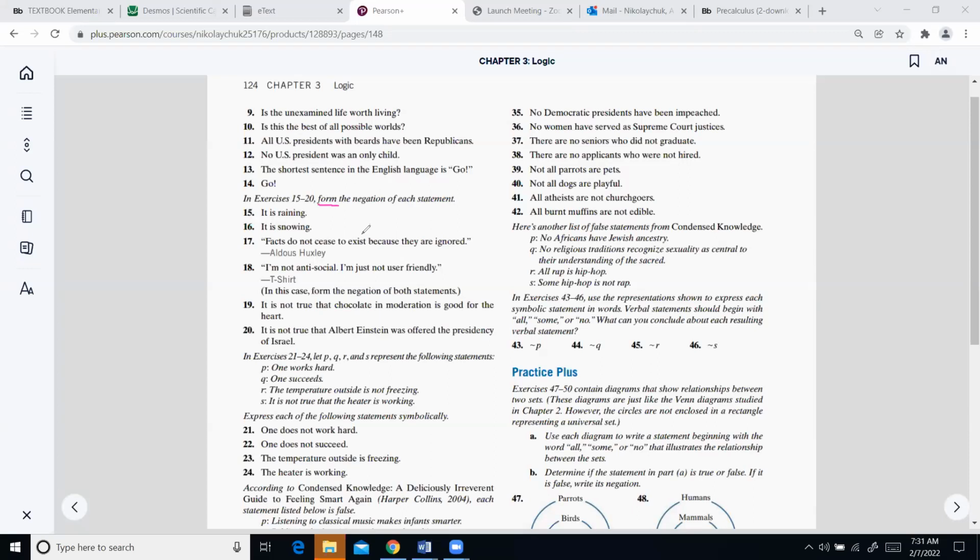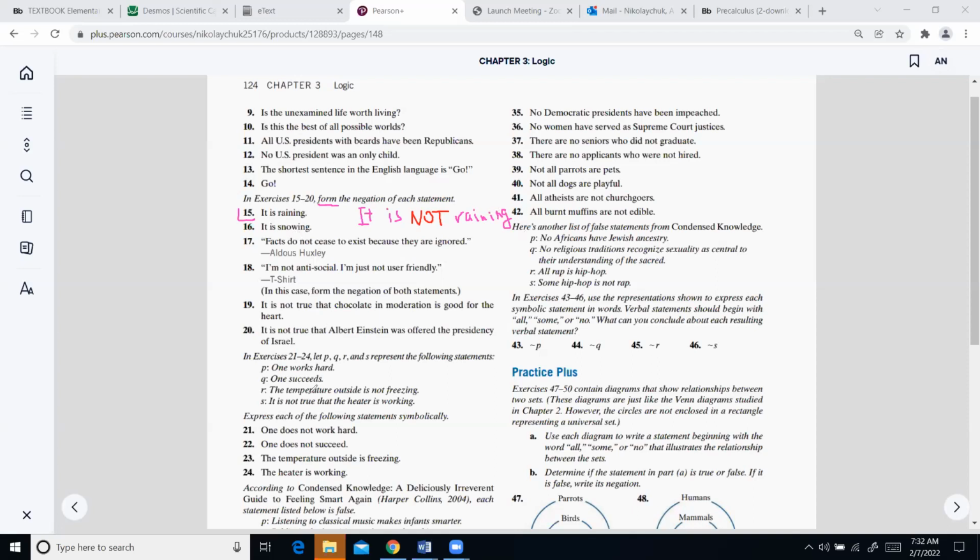Form the negation of each statement. If somebody says it's raining, for exercise number 15 you're going to say it is not raining. That's how we put a negation. You just put not, and that's all you need to do. So it is not raining.